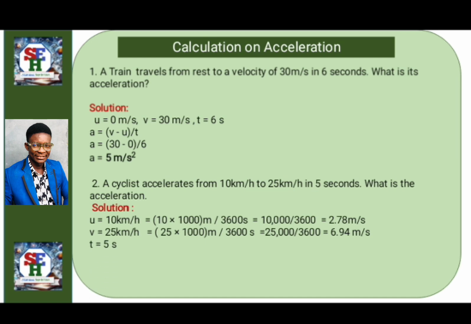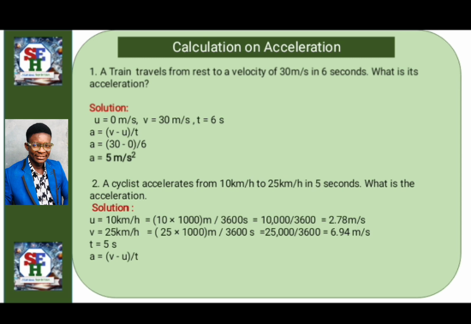Since the time is in seconds, we don't need to convert this. So it's automatic. We are now going to substitute all these given into our acceleration formula. You know, acceleration a is equal to v minus u over t.